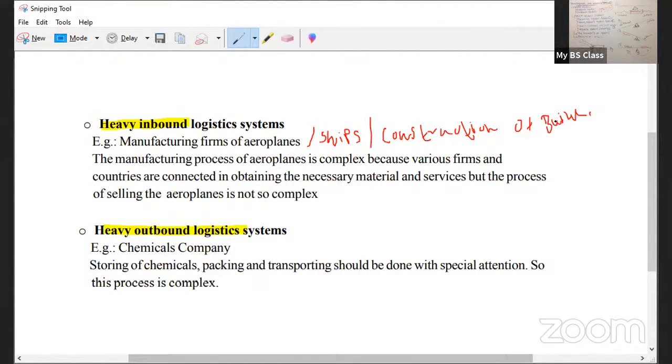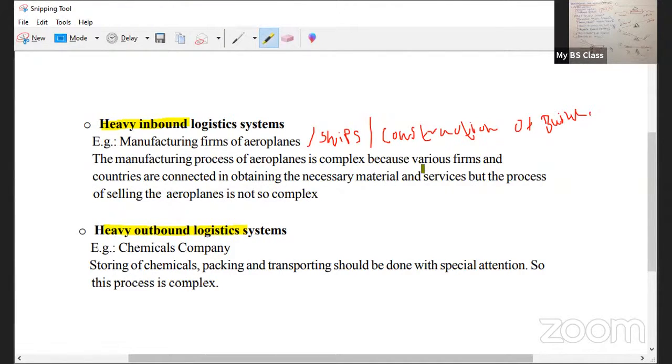Nowadays not possible in Sri Lanka because of the cementing, right? No cementing at all, right? The manufacturing process of the aeroplanes is complex because the various firms and the various countries even are connected, right? So various suppliers from different parts.